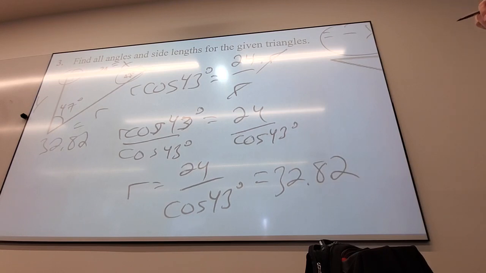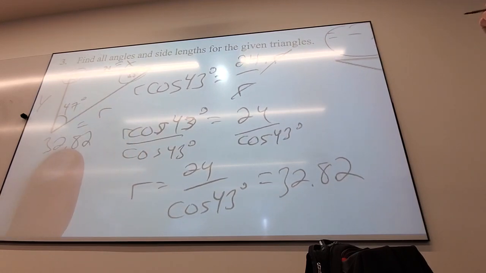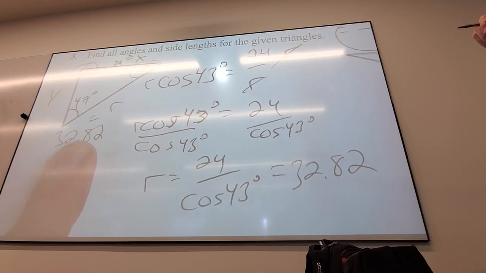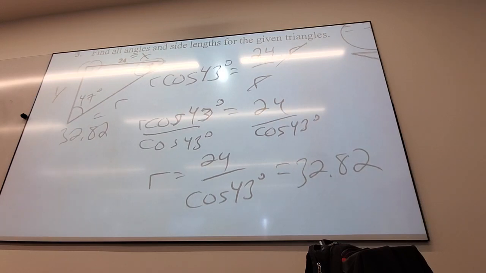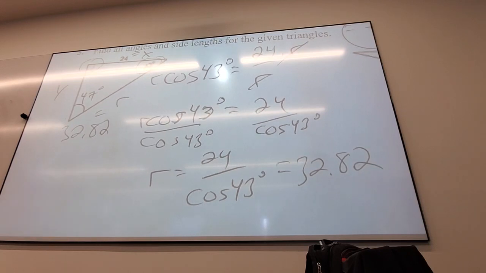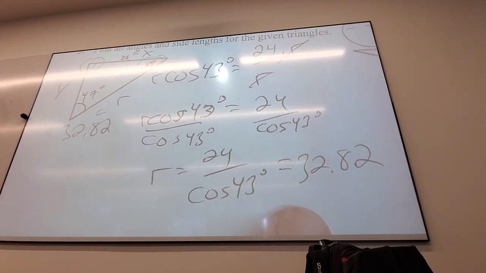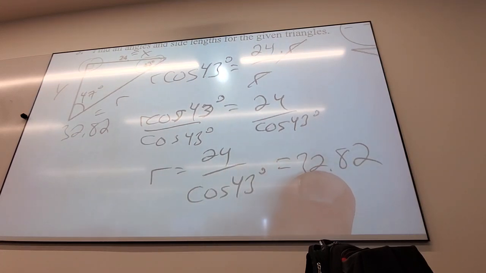But why would doing Pythagorean be less accurate right now? Because if you square it, it would still be a decimal. Is 32.82 the exact right answer? No, it's rounded, right? But again, if you do the Pythagorean theorem to get the last side, I'll take it, because that's the right kind of idea. But it's not going to be really accurate because we rounded this number, right?